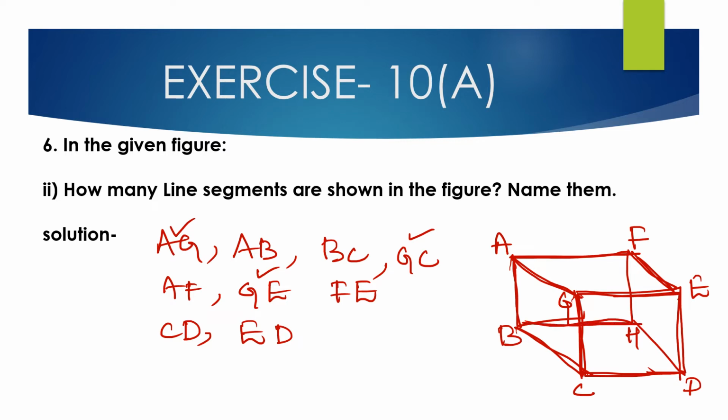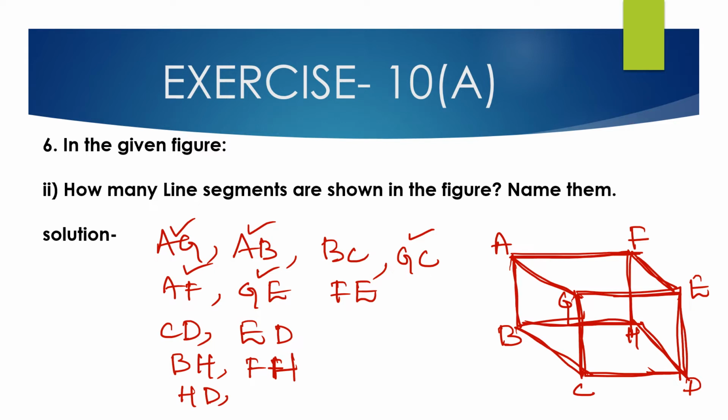Now BH, AB already written, BH, FH. FH and AF already written. Now HD.